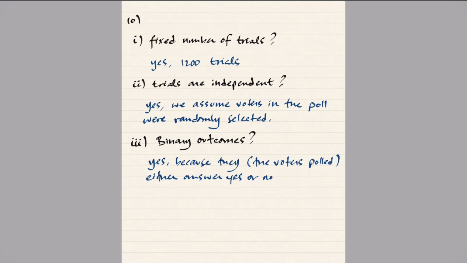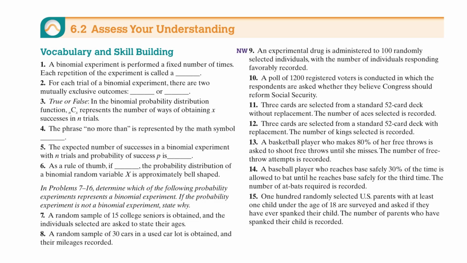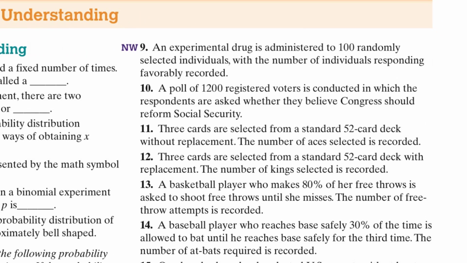And then finally, we want to make sure that we have a fixed probability of success, as we would call it. So in other words, the probabilities assigned to the 2 binary outcomes, are they fixed or are they not? So let's go back and take a look at the problem again. I'm reading the problem here, and it doesn't explicitly say that a certain proportion of individuals believe that Congress should reform Social Security, but it's like they say on TV, the truth is out there.